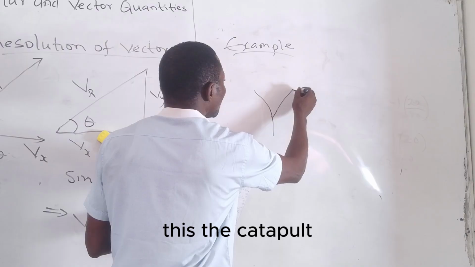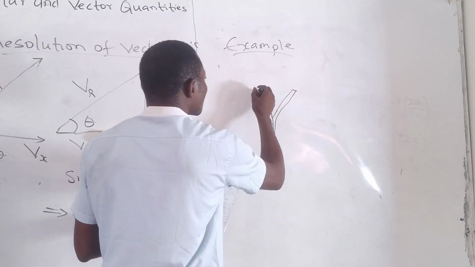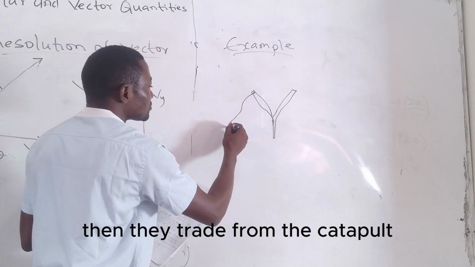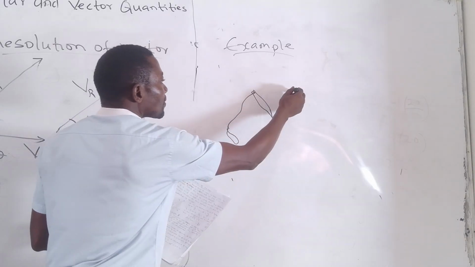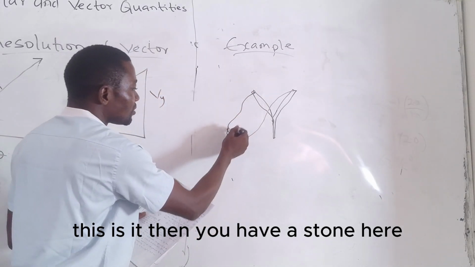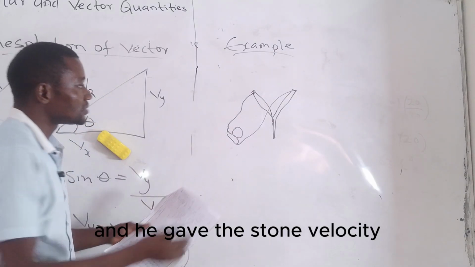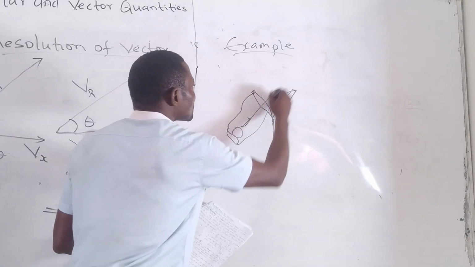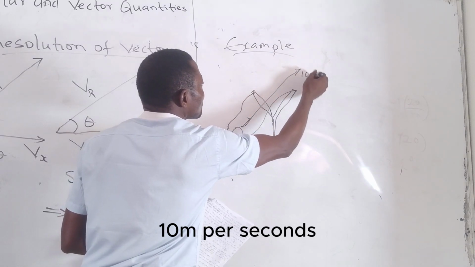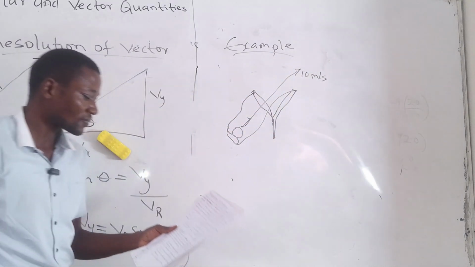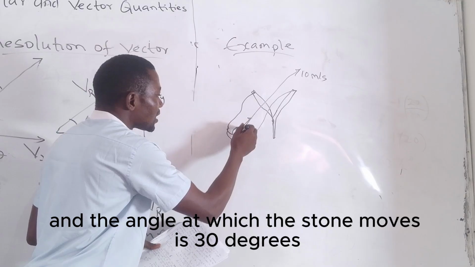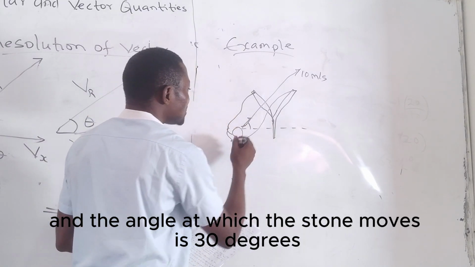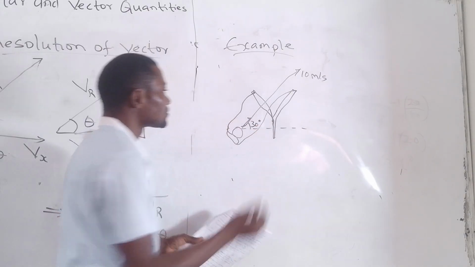This is the catapult, then the thread from the catapult, and you have a stone here. He gave the stone a velocity of 10 meters per second.